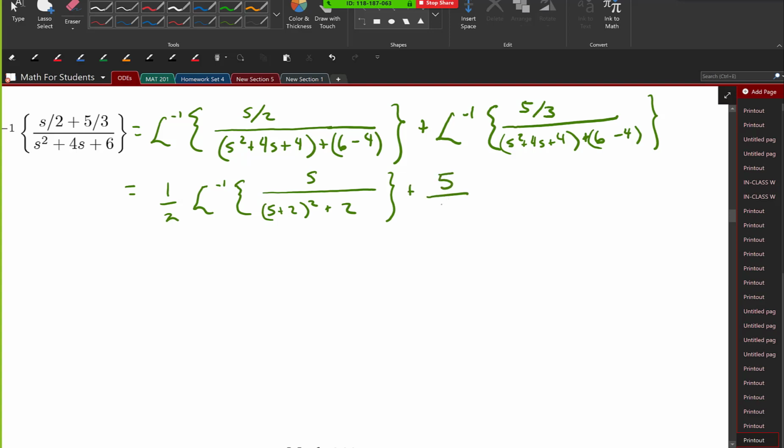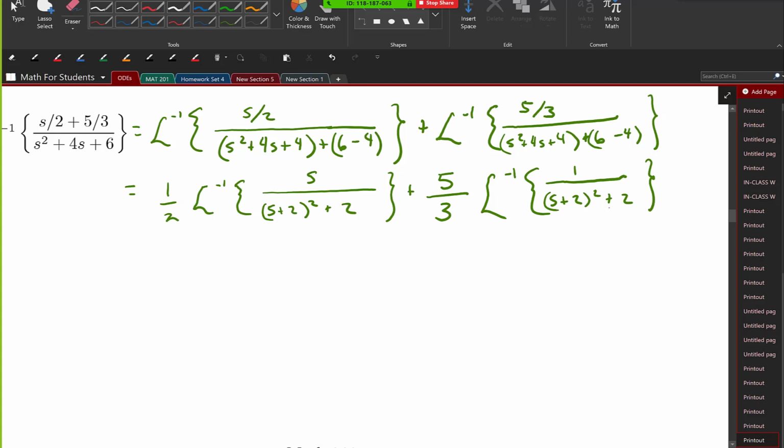I've got my 5/3 that I pulled out, and then the inverse transform of, that would leave me with a 1 right here. I'm going to change that in a moment. (s plus 2) quantity squared plus 2.